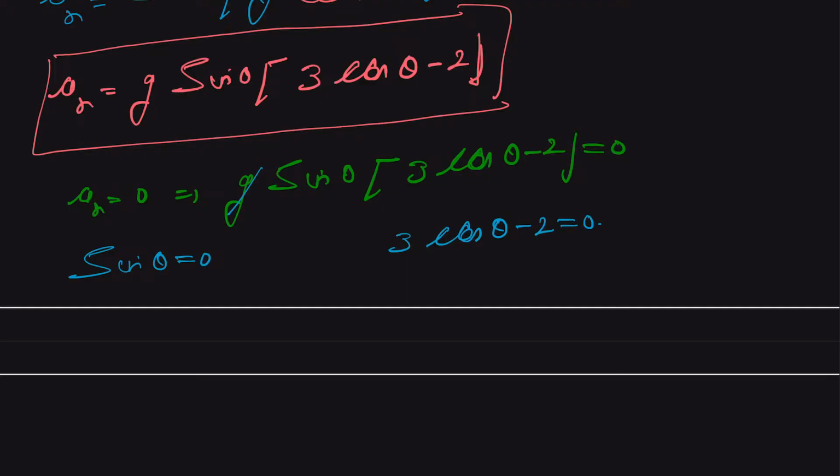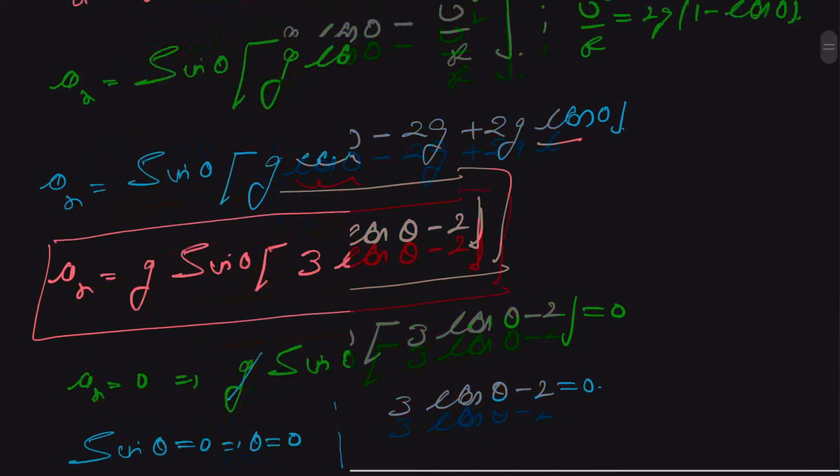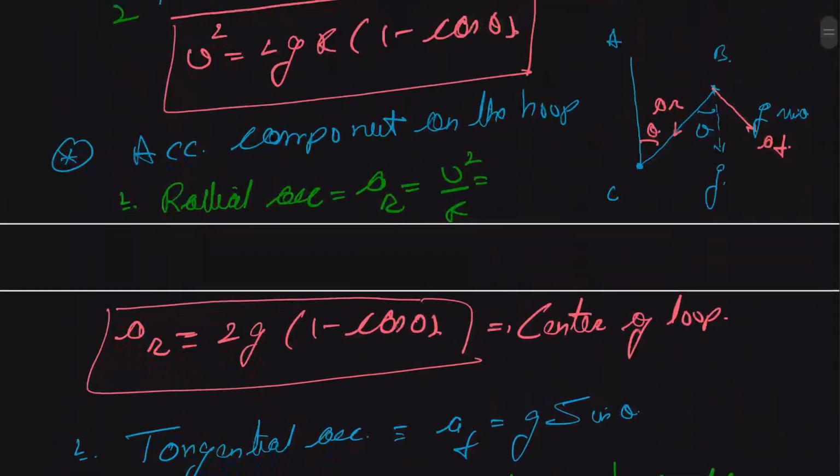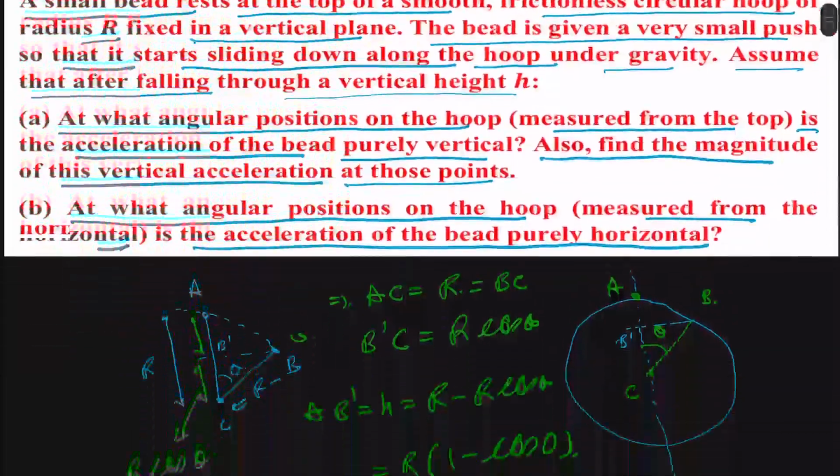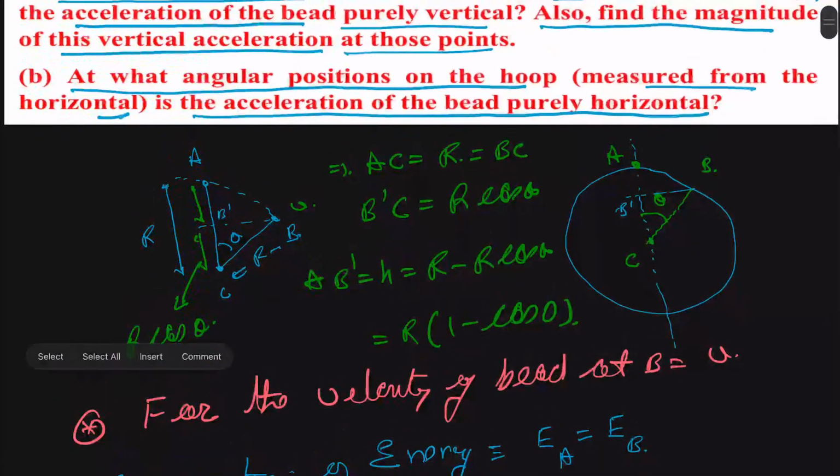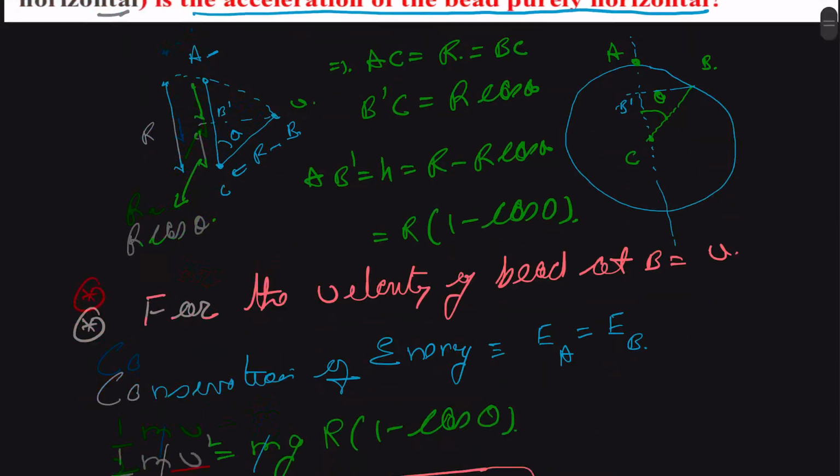And when sine of theta is equal to 0, this tells us that theta is equal to 0, which basically means that the bead is at the top, at point A, which is trivial.